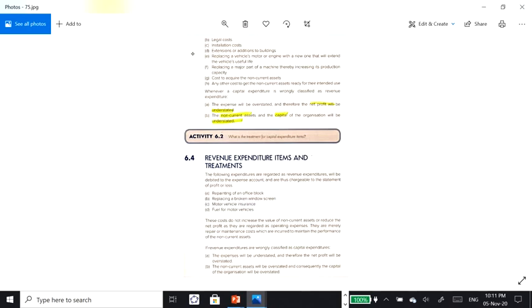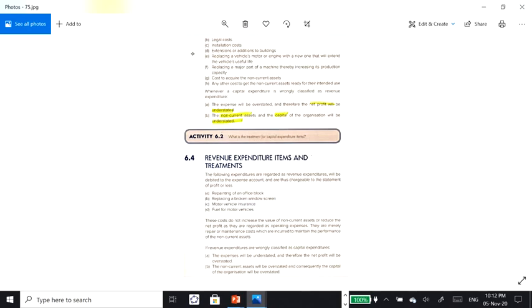Bila dia expenses, kita akan masukkan dia di dalam statement of profit and loss. Okay, so you tengok contoh untuk revenue expenditure ialah repainting of an office block, replacing of a broken window screen, motor vehicle insurance, fuel for motor vehicles. So normally semua yang repaint, replacing, semua itu tu kita akan klasifikasikan dia sebagai revenue expenditure sebab kita hanya nak maintain sahaja dia punya value. Okay, sebab tu dia kita klasifikasikan sebagai expenses sahaja.